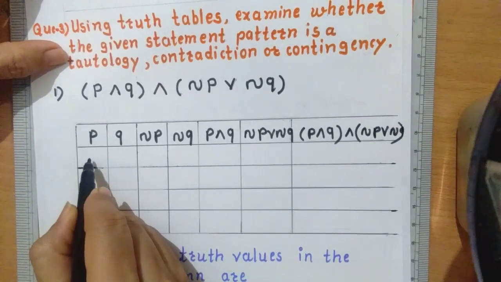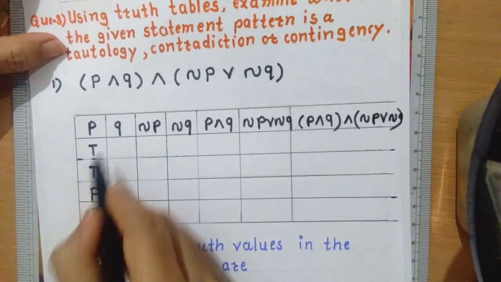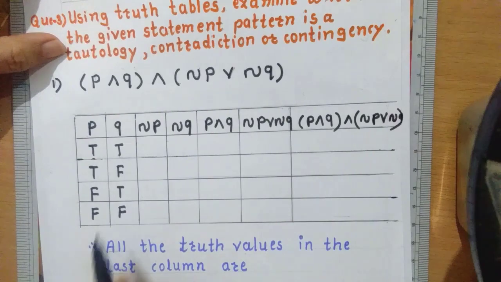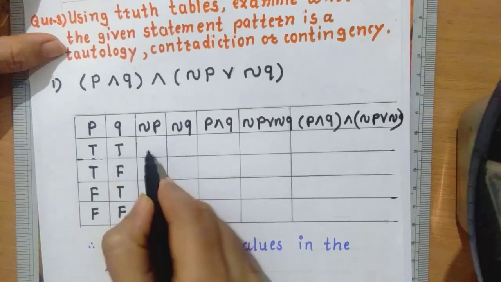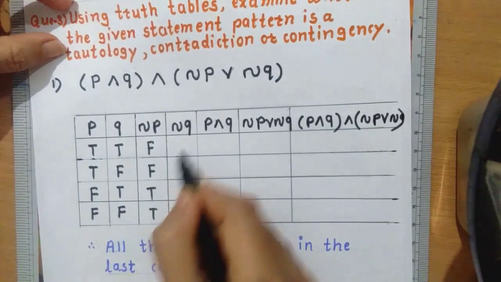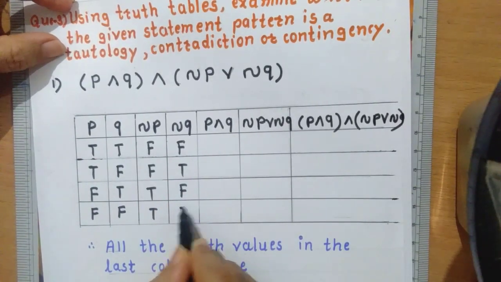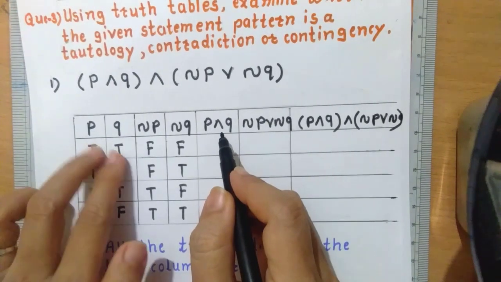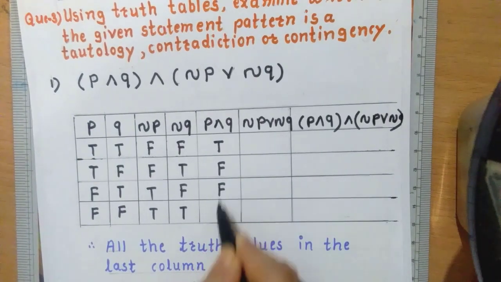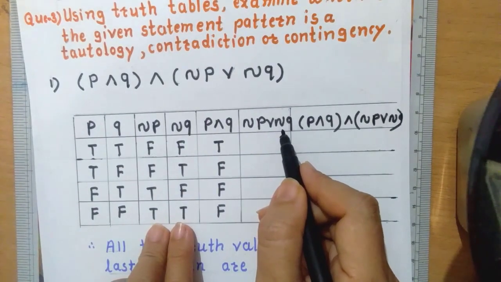And so P: T, T, F, F. Then second one T, F, T, F. Then negation P means negation of this, 2 times F and 2 times T. Then negation Q, first one F, T, F, T. P conjunction Q, conjunction between these two, T, T, then T, otherwise F. Then negation P disjunction negation Q, disjunction between these two.